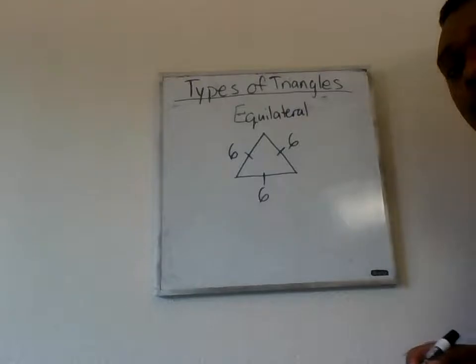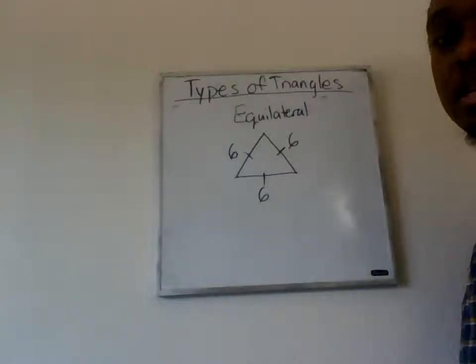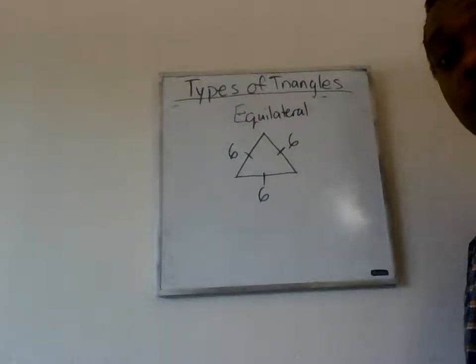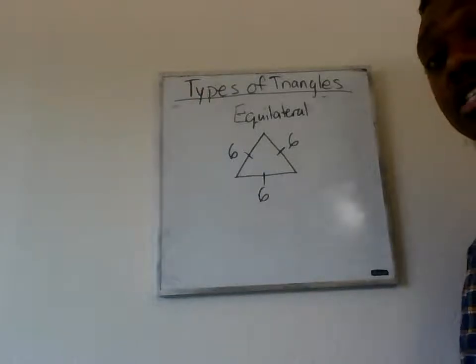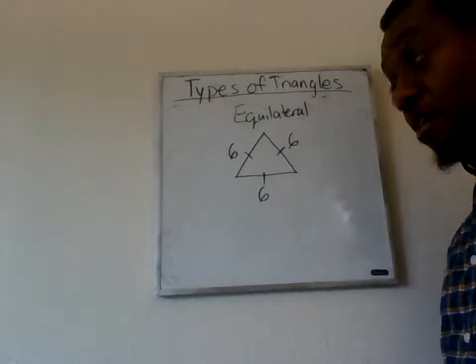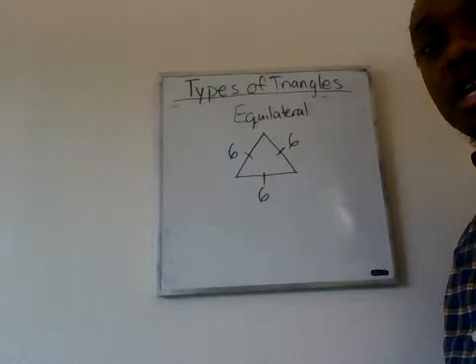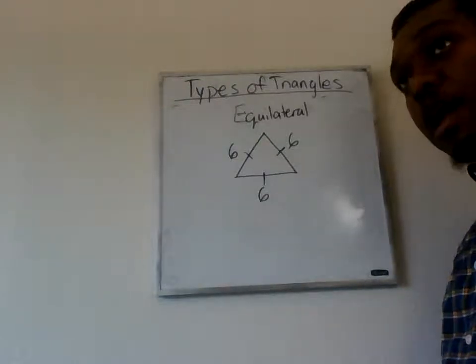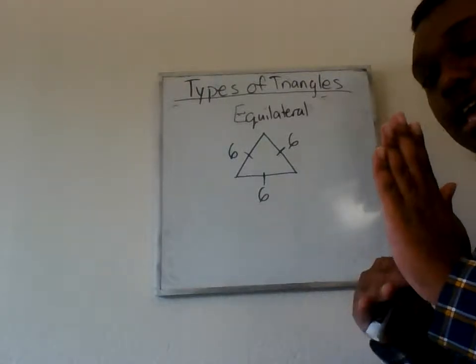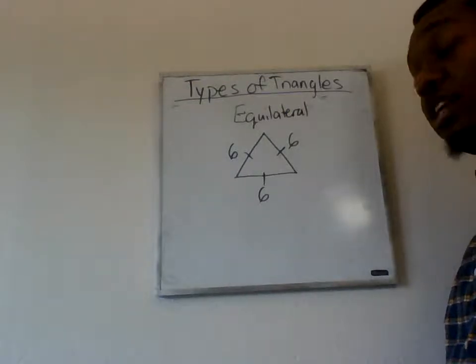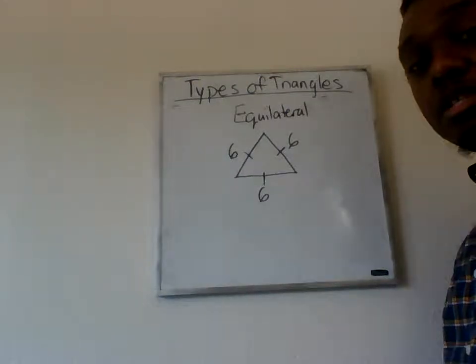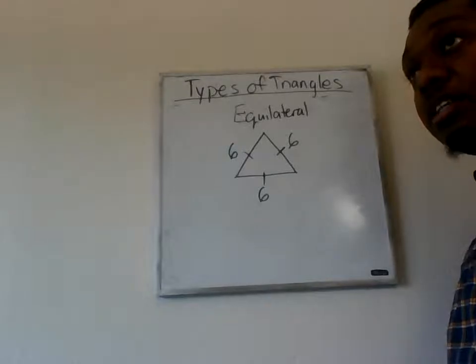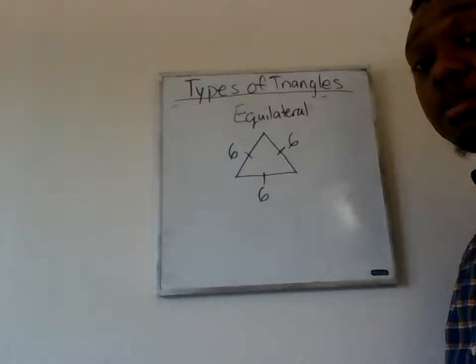So equilateral, all three sides are equal in measurement. That's kind of cool, right? The Babylonians love these triangles. And a lot of people still use these when it comes to building. We move more towards using right angles because then we can see the right edge of it, using right triangles, excuse me. But a lot of times people still use equilateral throughout your house, or at least isosceles, because it makes building easier.